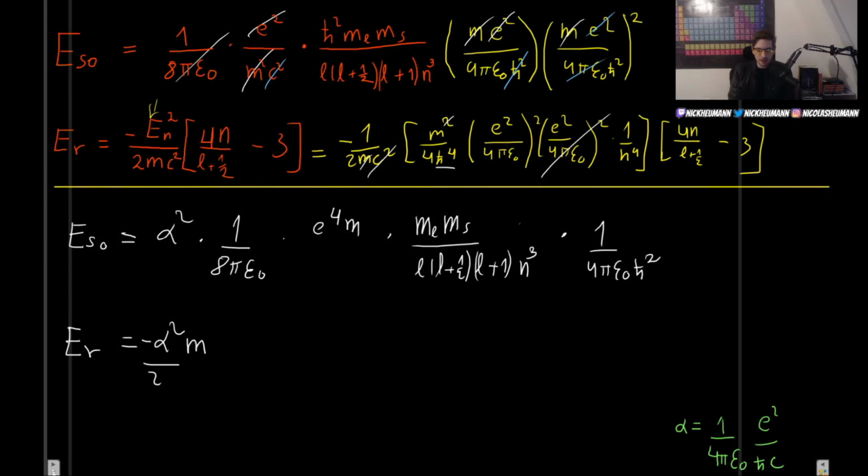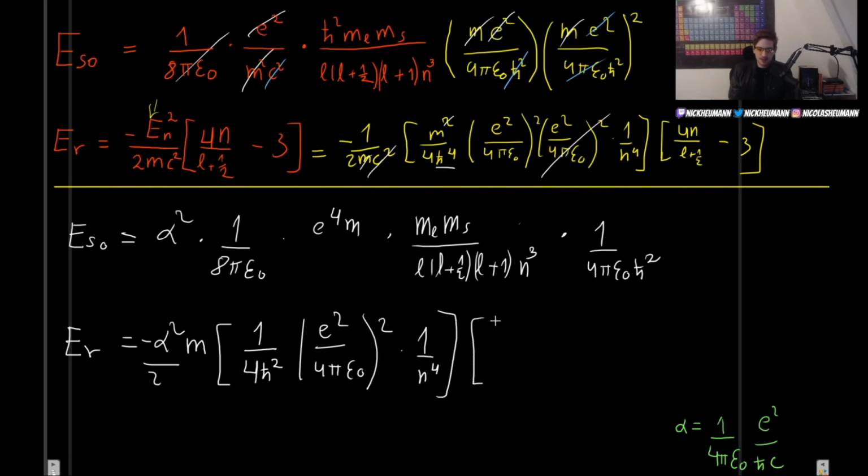So we get an m here, and now times 1 over 4 h bar squared, e squared over 4 pi epsilon 0 squared, times 1 over n to the 4th power, times 4n over l plus 1/2 minus 3. Whew, all right. So now we made some progress.